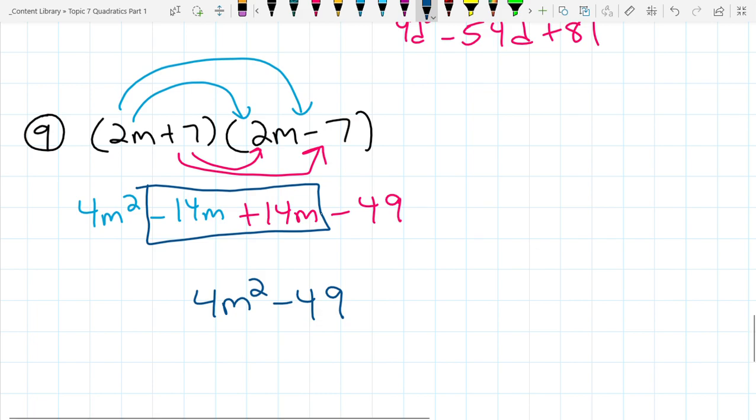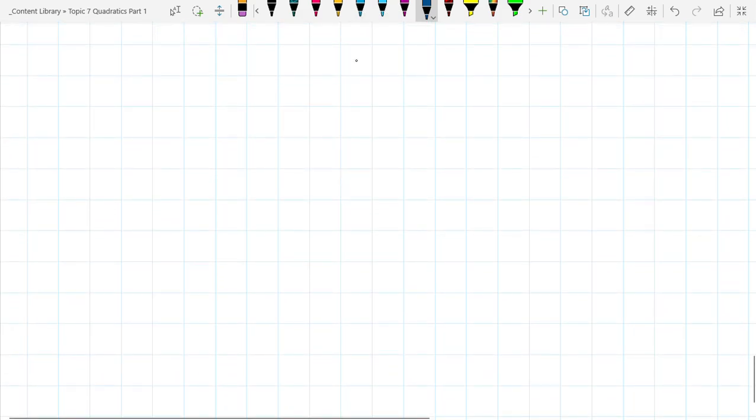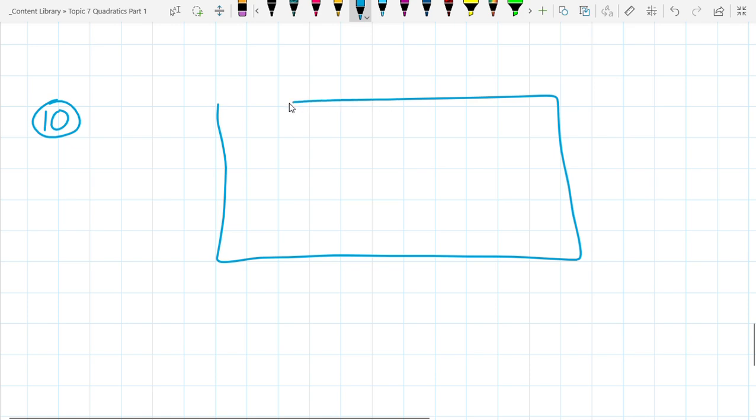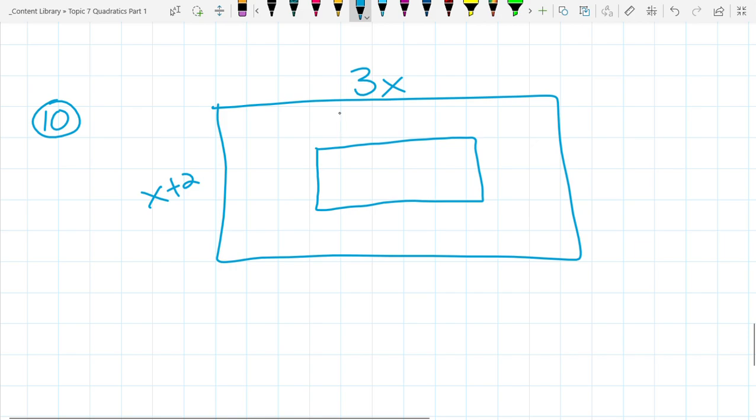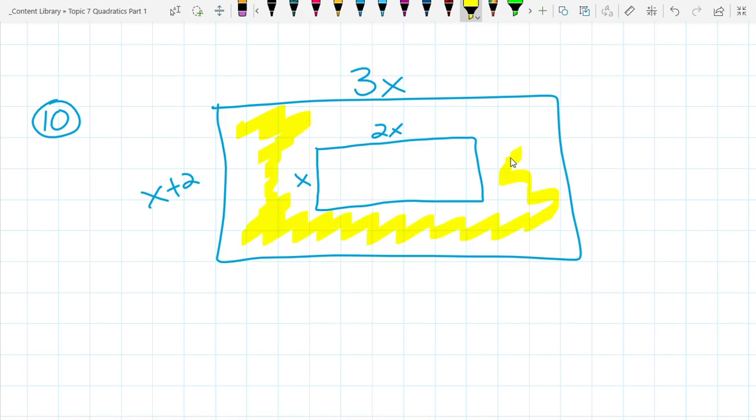Now on to page 2. Page 2, we have a little bit of a word problem with a graphic. The graphic is the square, and the dimensions are 3x and x plus 2. And then you've got a smaller square in the middle, and its dimensions are 2x by x. And then there's all this shaded area in between the two squares.